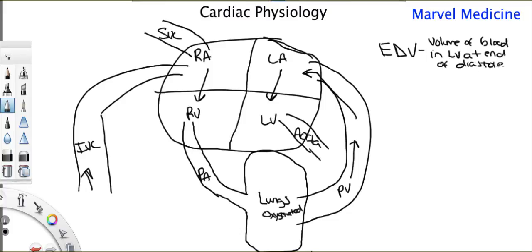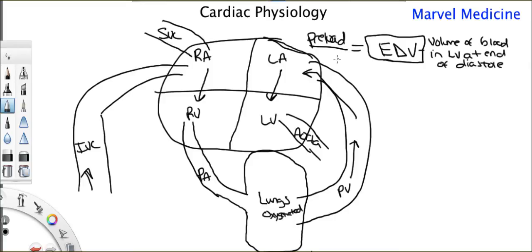Okay? So when the heart has completely filled with blood and is relaxed and is about to contract and send it out, that is my end diastolic volume, the amount of blood in my left ventricle at the end of diastole.